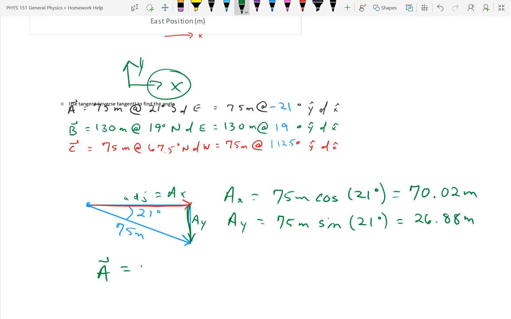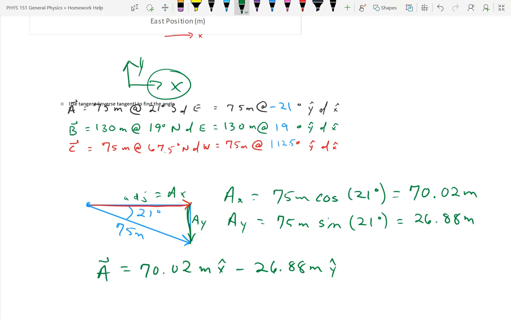So that's going to be positive 70.02 meters X hat. What about the Y direction? Is that positive or negative? Negative, because it's going down, opposite to my Y definition: minus 26.88 meters Y hat. So there's my A vector.